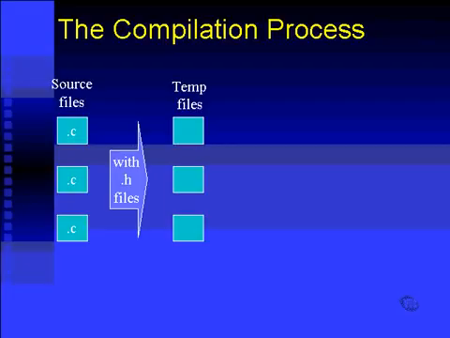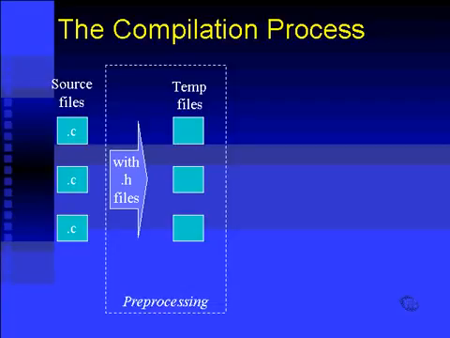So it could be that a given .c file might be 100 lines of code, but it might include, via the hash include directive, say 3 .h files, each of which might be 1,000 lines long. So you might have 3,100 lines in the corresponding temporary file. This process is obviously the pre-processing phase of the compiler. That happens first. That is not really part of the true compilation.